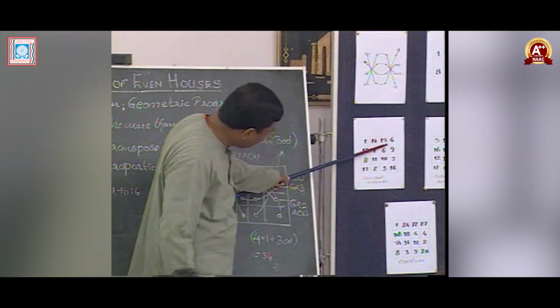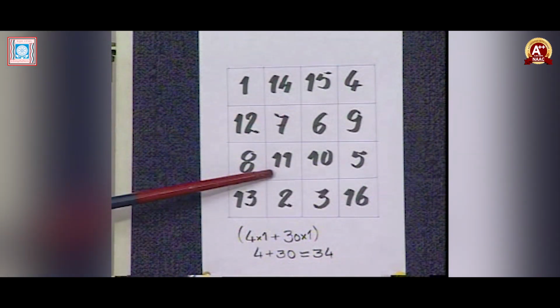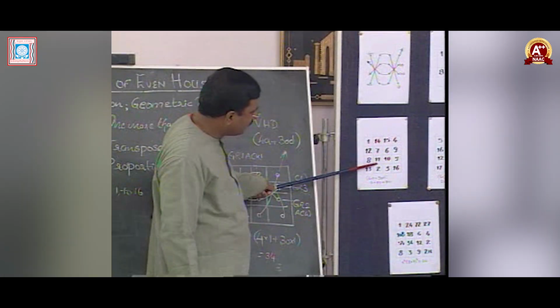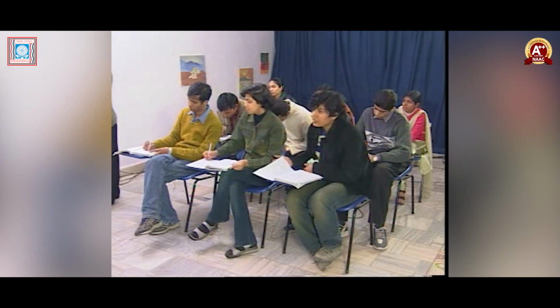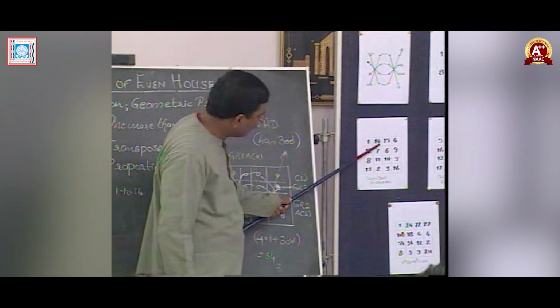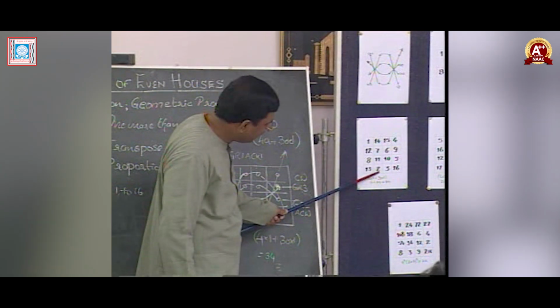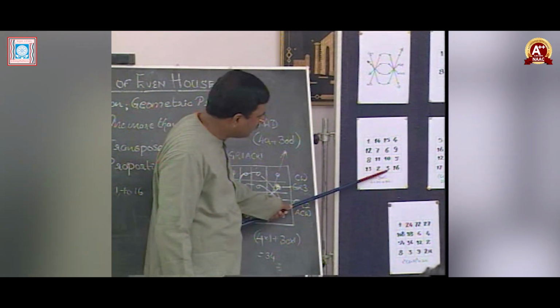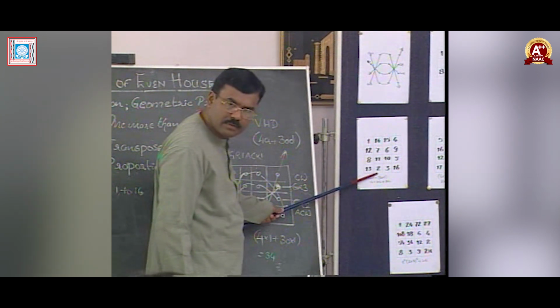And even the middle 4, how much will you get? 7 plus 6, 13. 13 plus 11, 24. 24 plus 10, 34. And please see here, the first row, second and third columns, and the last row, second and third columns total also becomes the same.